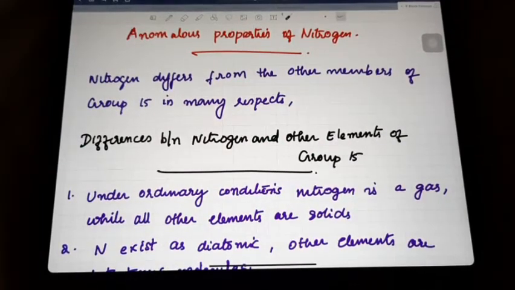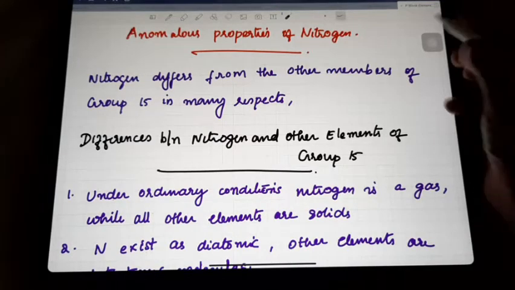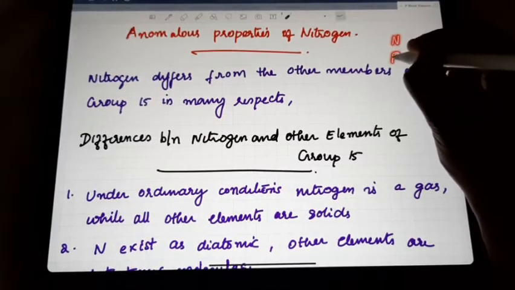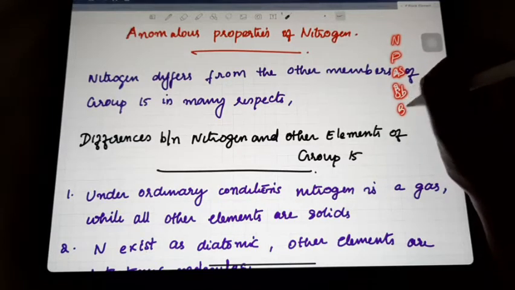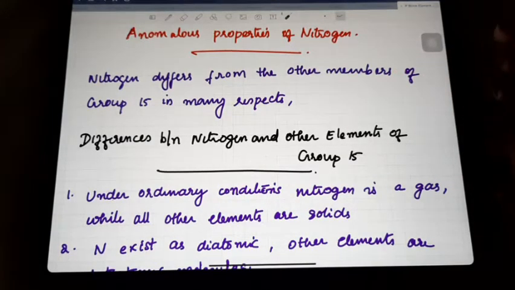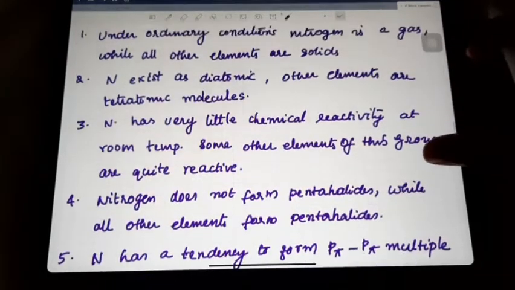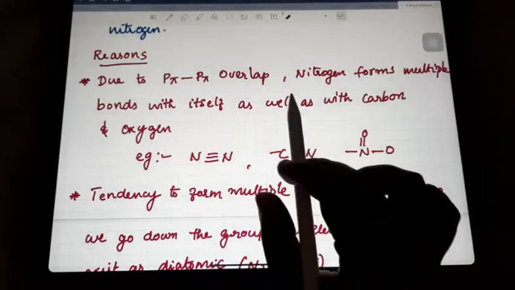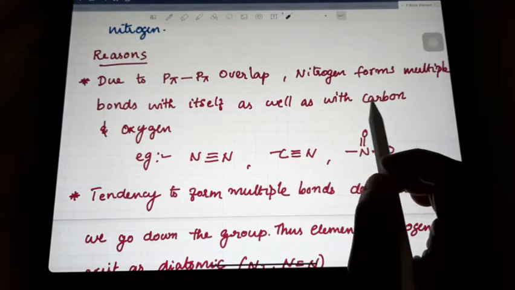Now we can discuss the anomalous properties of nitrogen. In group 15, nitrogen differs from the other members of the group in many respects. What's the reason for the difference between nitrogen and the other members? There are different reasons. Due to p-pi overlap, nitrogen forms multiple bonds with itself as well as with carbon and oxygen.